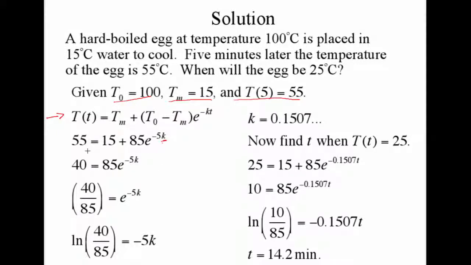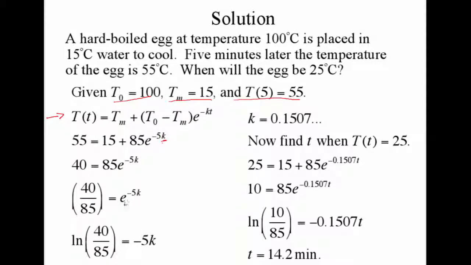So we're given information about the egg after 5 minutes. We're going to use that information to find K, and then we'll go back and find the time when the egg is 25 degrees.